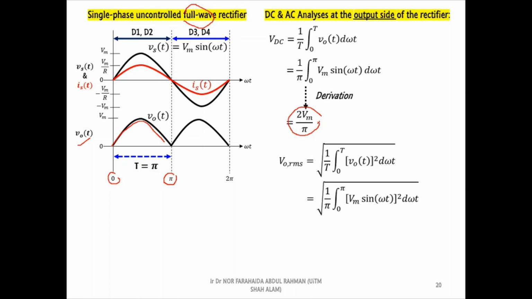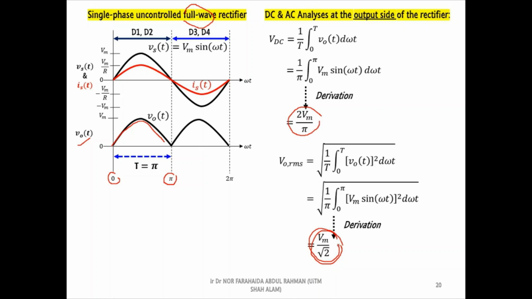Meanwhile, the RMS output voltage is equal to Vm divided by root 2. This equation is the same equation used in calculating the RMS value in single-phase and three-phase systems.